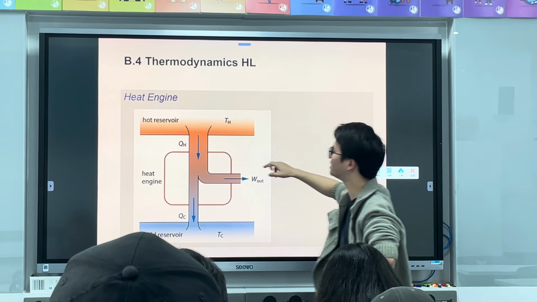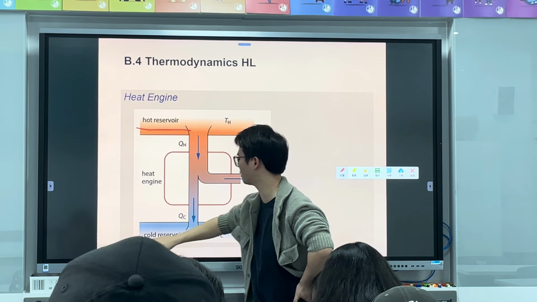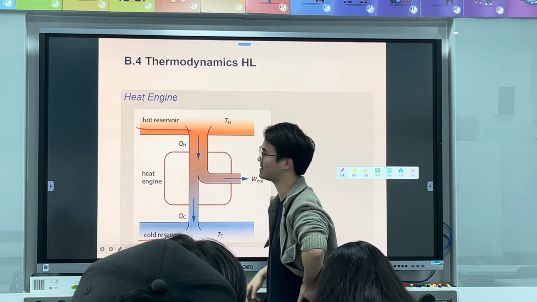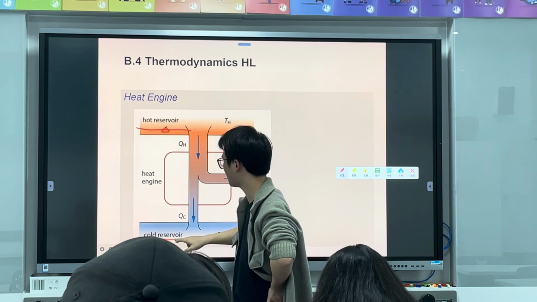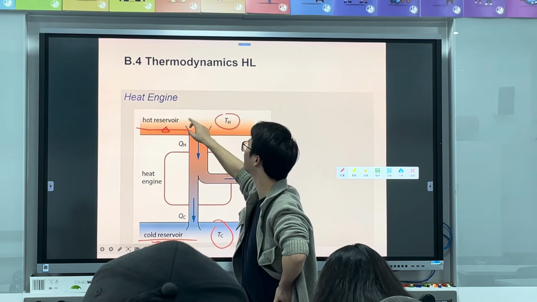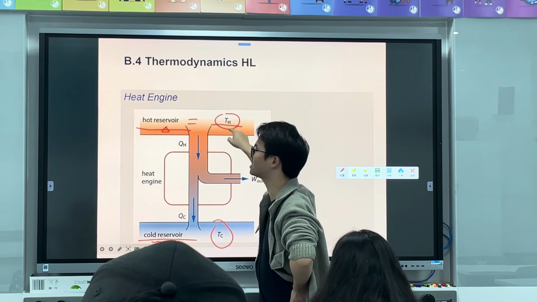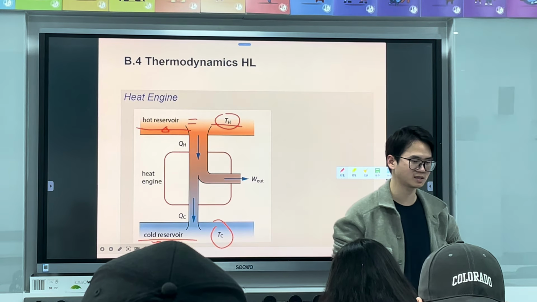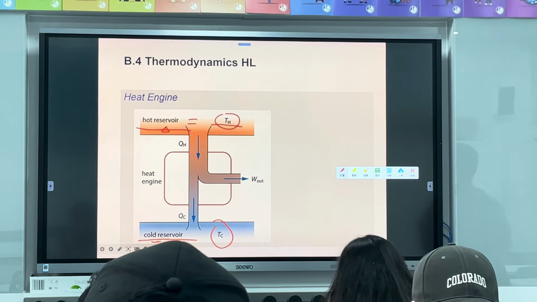What we have is a hot reservoir here and a cold reservoir. It's an idealized engine because we assume that the reservoirs have a constant temperature. The hot reservoir's temperature is going to stay constant at TH, and the cold reservoir's temperature is going to stay constant at TC.